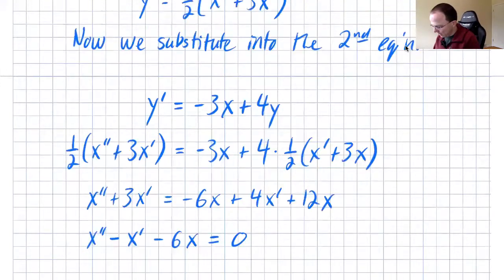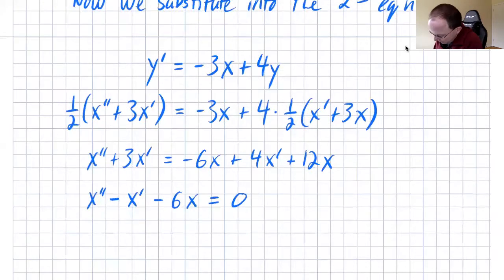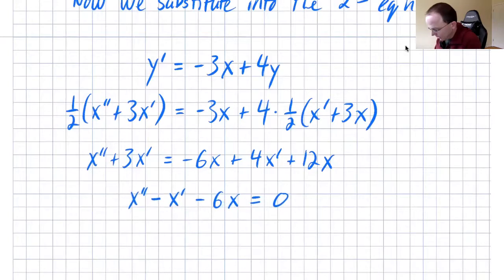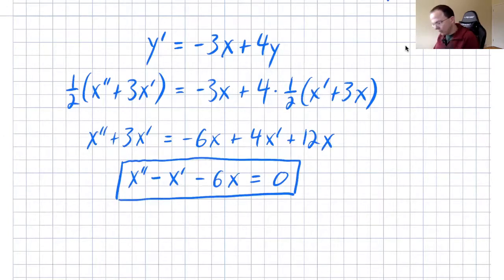Okay. Now we do have a choice here how we want to solve this equation. We can use the chapter 2 methods, or we can solve this equation using Laplace transforms.